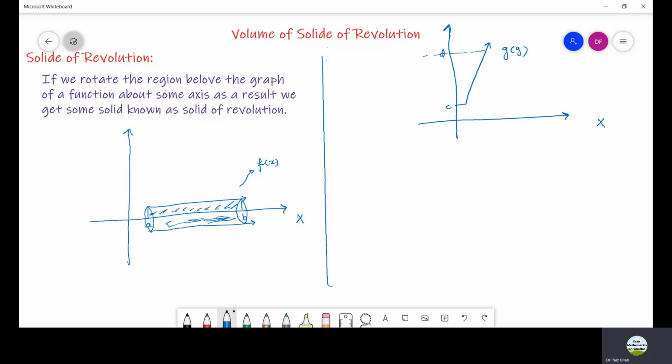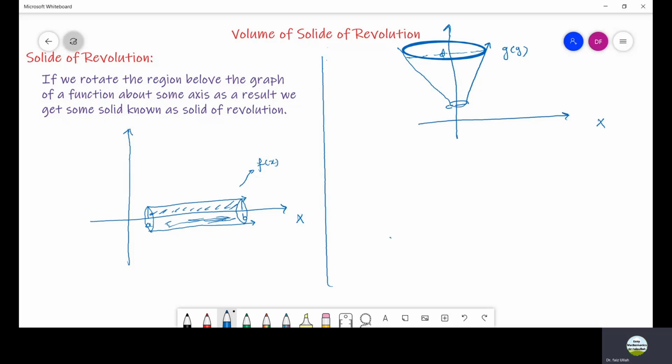Now, if we rotate this graph about the y-axis, as a result, we get some solid thing like this one. And that thing is called solid of revolution.